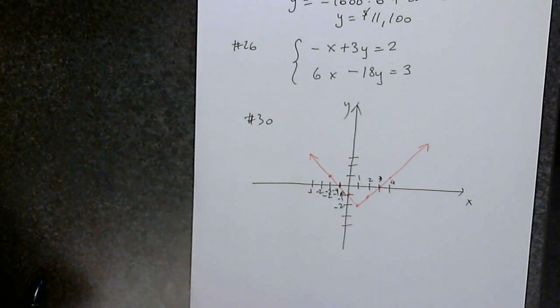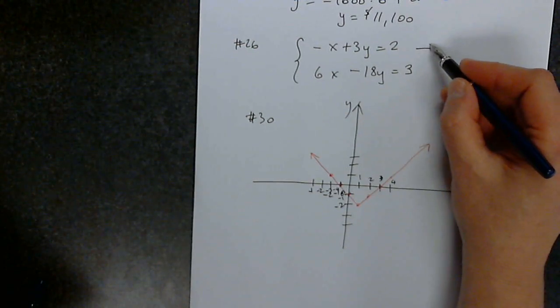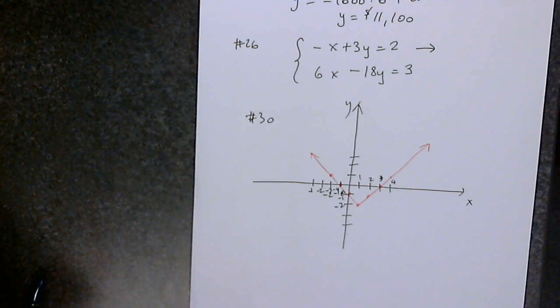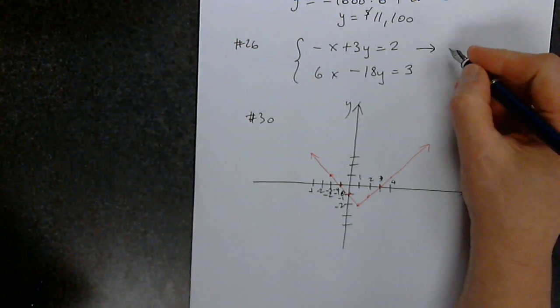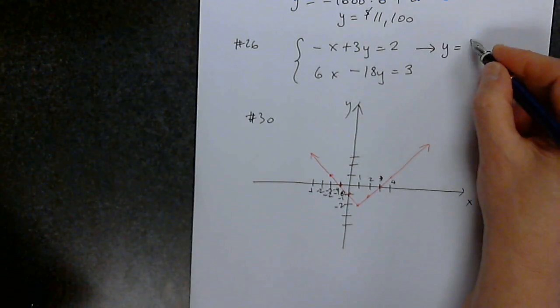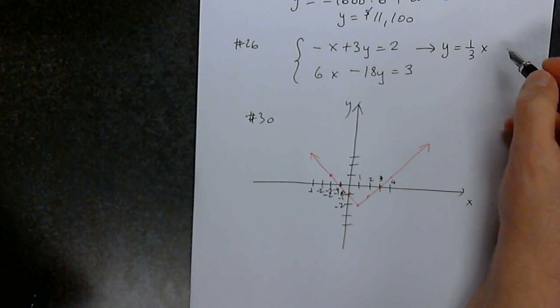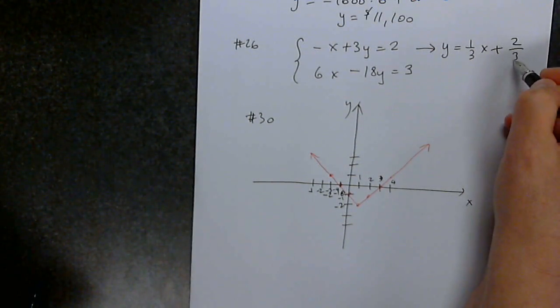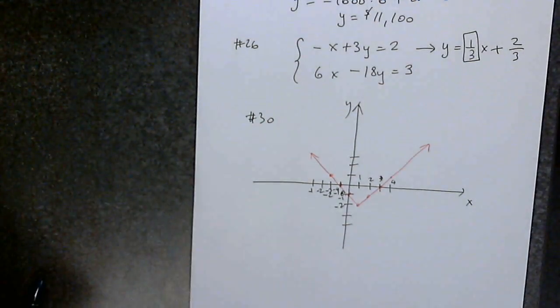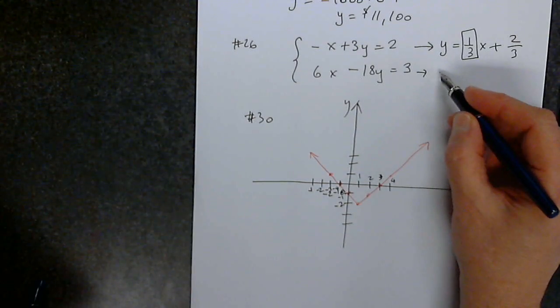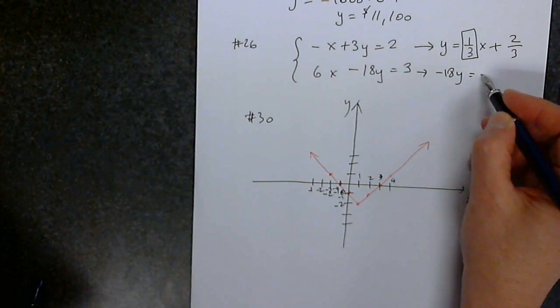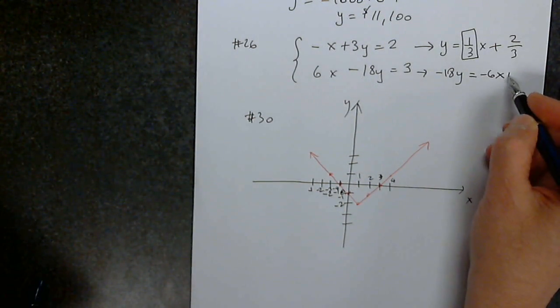Can anyone give us the slope of the first line? 1/3. Yes, we move x to the other side, so y equals 1/3 x plus 2/3. So the slope of the first line is 1/3. The second one: negative 18y equals negative 6x plus 3.